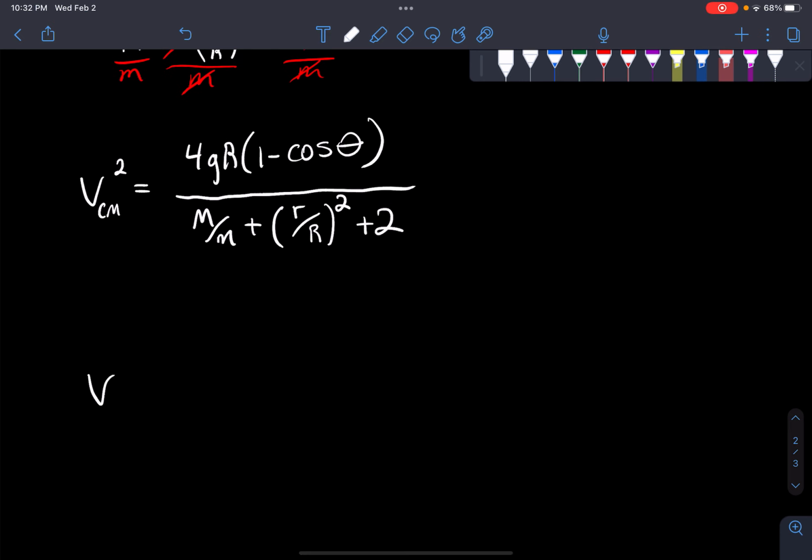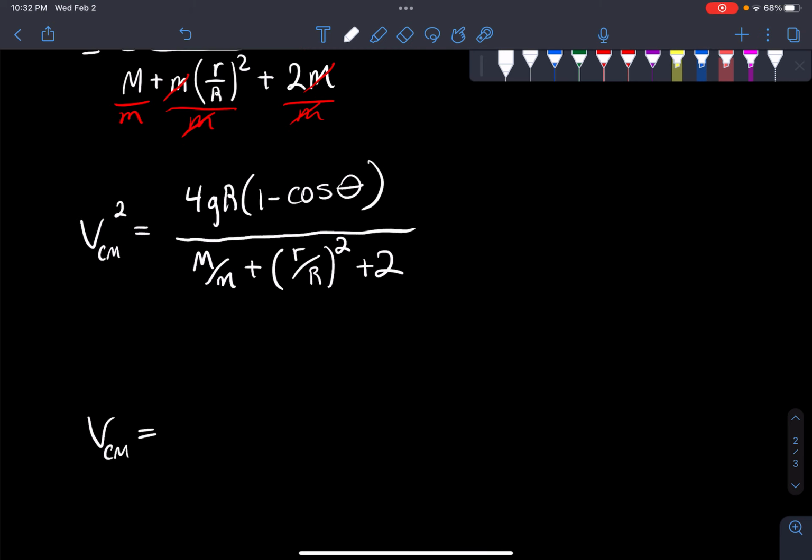So now the velocity of the center of mass is, well, when we take a square root like this, we can take the square root of the numerator and then the denominator. Furthermore, on the numerator, we could do this. All that goes to say is that we can just take the square root of 4, which is 2, and plop it out here. And then instead of writing a square root, I'm going to do 1/2.